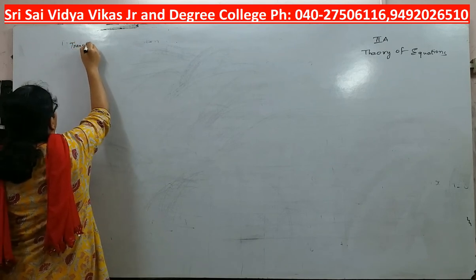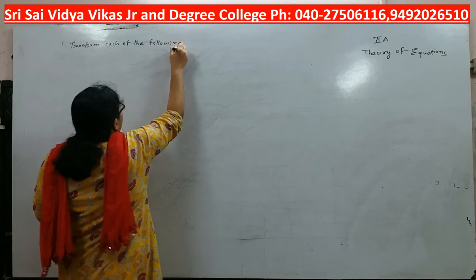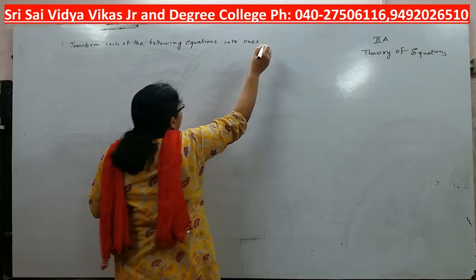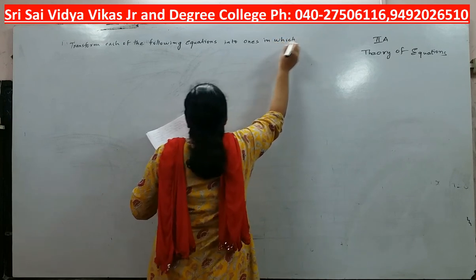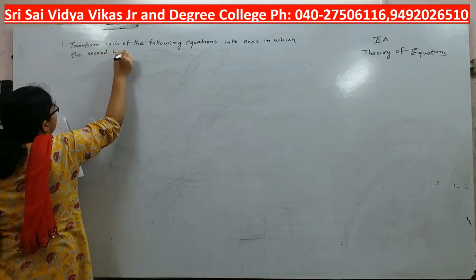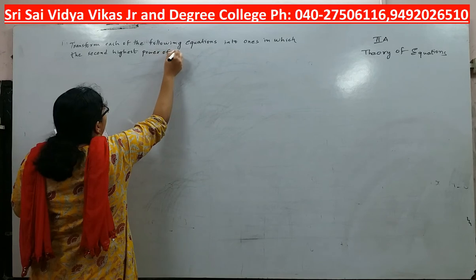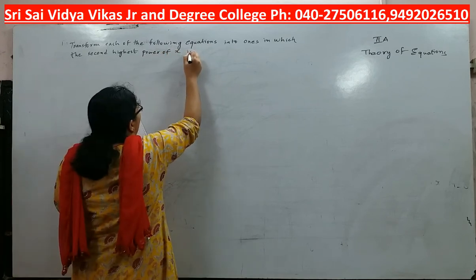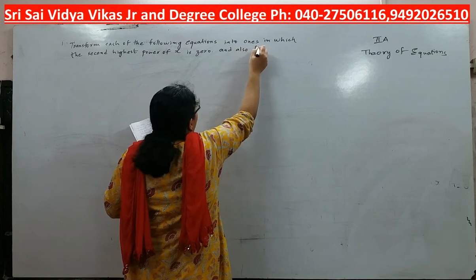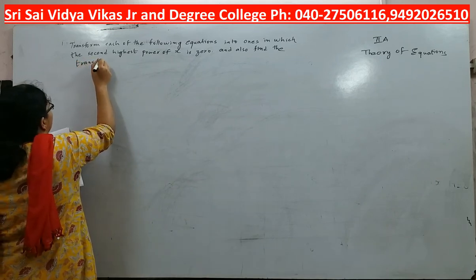Transform each of the following equations into ones in which the second highest term power of x is 0 and also find the transformed equation.